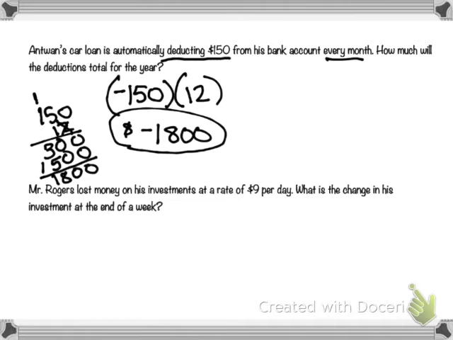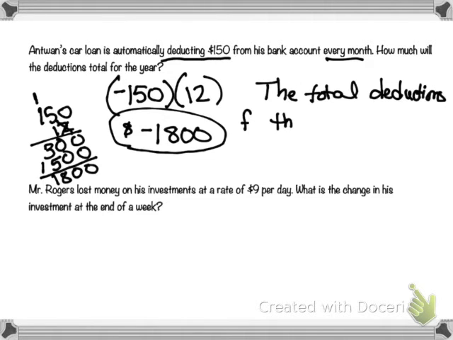So we're going to say that the total deductions for the year will be negative $1,800.